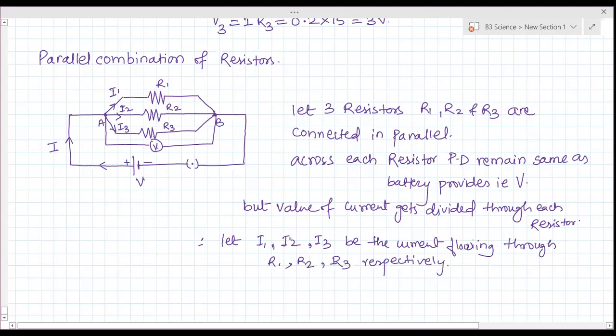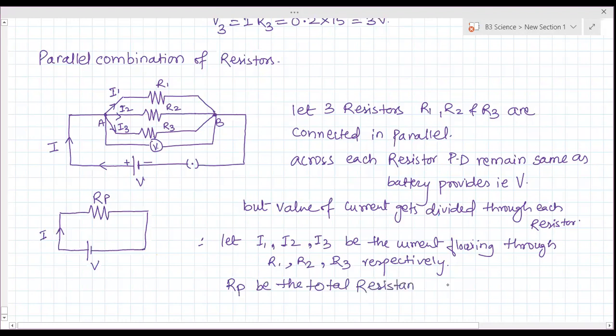Yes, ma'am. Now suppose all three resistors are providing a total resistance of Rp. All the three resistors provide the total resistance Rp in the circuit when they are connected across the same potential difference of V volts and the same current I flows through it. So Rp be the total resistance of parallel combination.